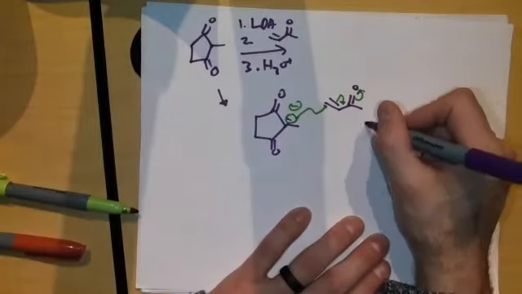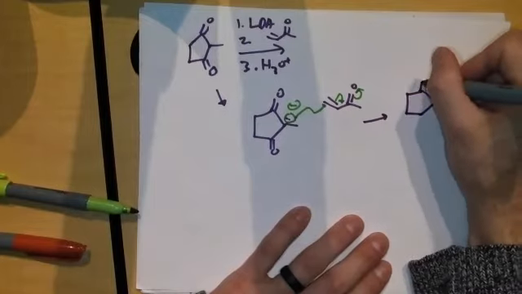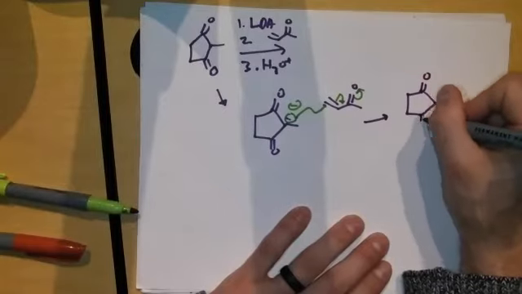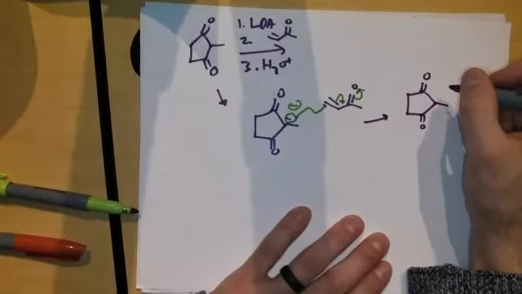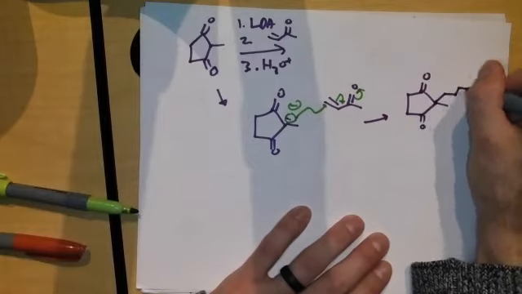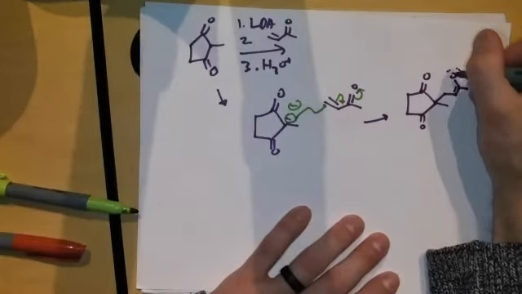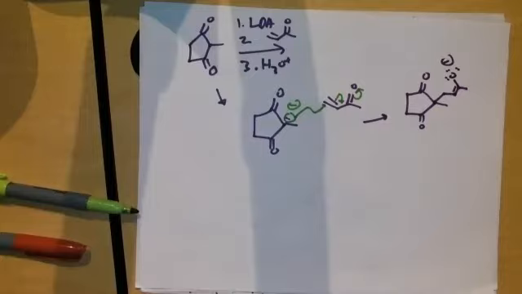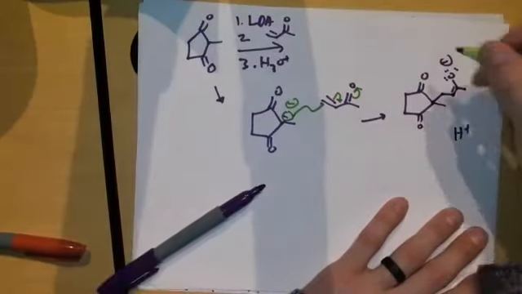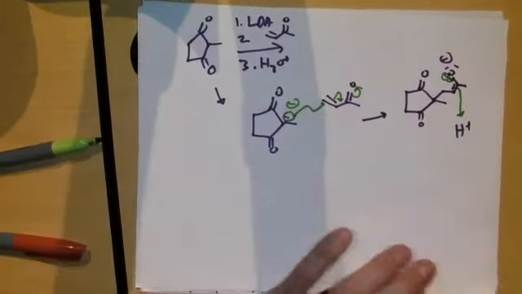This will generate our negatively charged alkoxide here. We can reprotonate with H3O+ to reform our carbonyl and get to our final product.